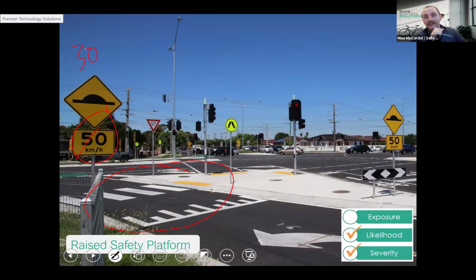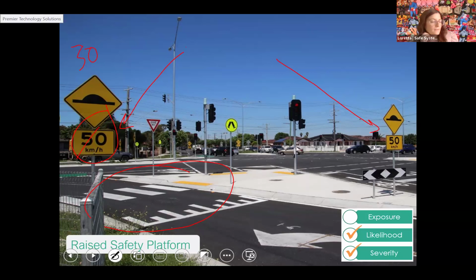The reason 30 wasn't adopted here is purely for consistency. So that's 50, that's 50. We didn't want to create different advisories depending on which part of the intersection you're coming from. But in a perfect world, where you have potential conflicts with vulnerable road users, with pedestrians or cyclists, you'd be able to reduce speeds to around that 30 km/h mark.